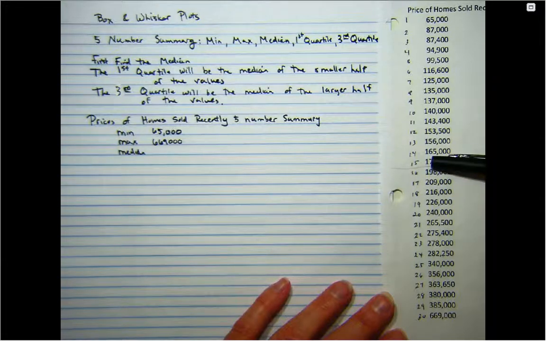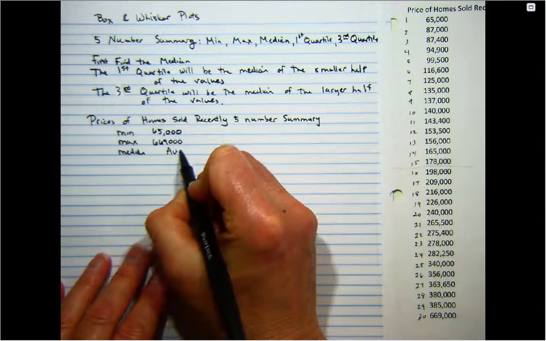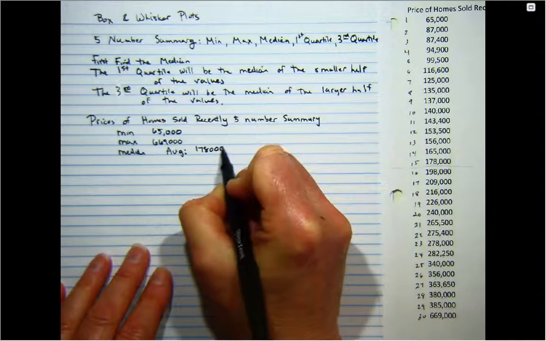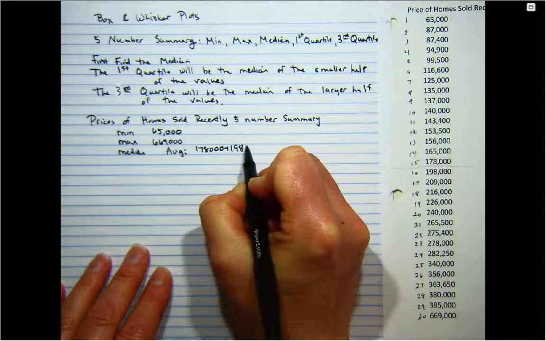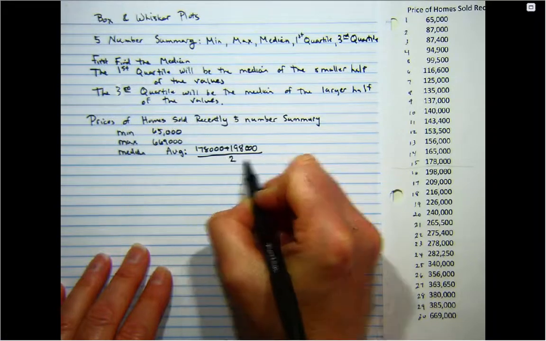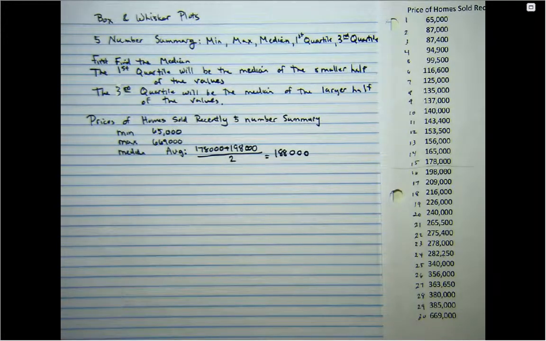When you take the 15th and 16th numbers, there's 14 numbers smaller than the 15th number, and 14 numbers bigger than the 16th number. So to find the median, we averaged 178,000 and 198,000. You add them up and divide by 2, and we had 188,000 when we did that in class on Friday.